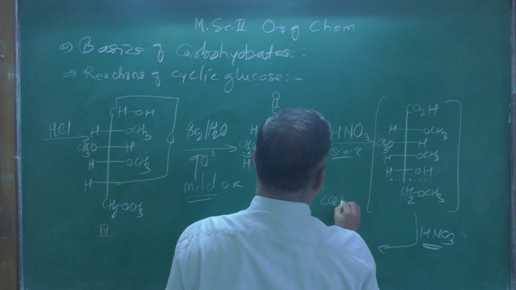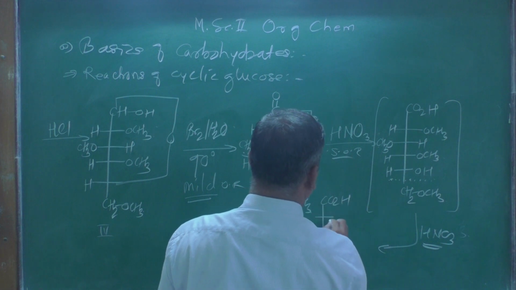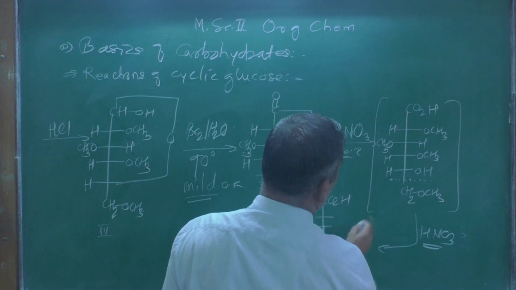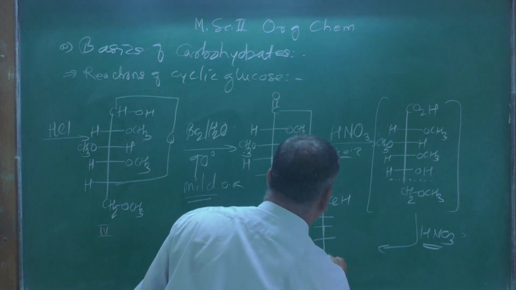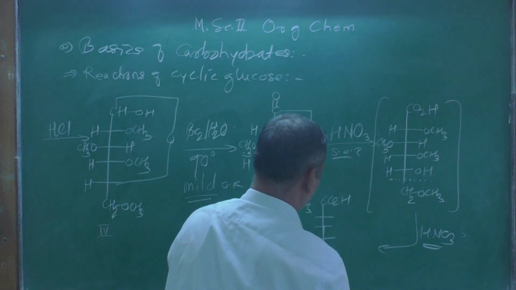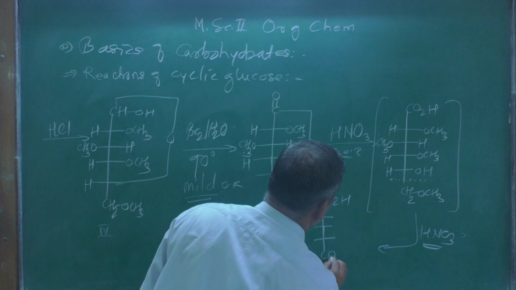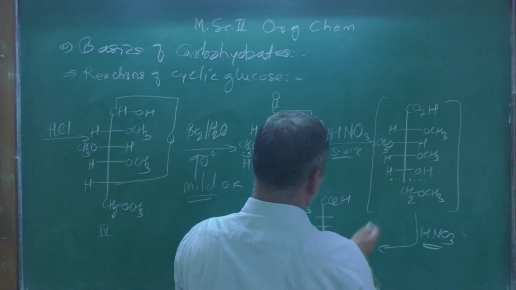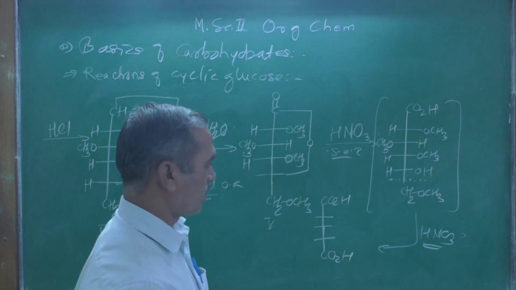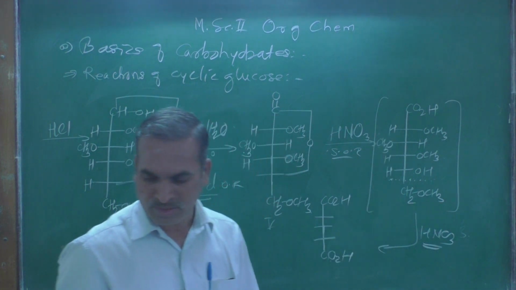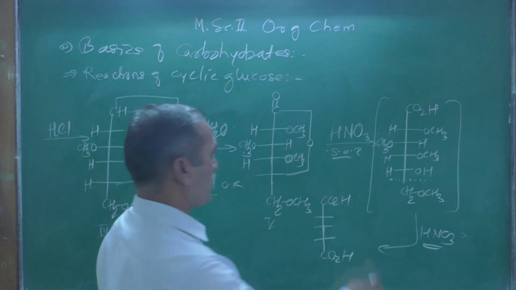Look here, CO2H, this one 1, 2, and this 3, and this one is CH. Now this gets oxidized to CO2H. This is also going to convert into a carboxylic group, and the rest of the thing remains as it is.